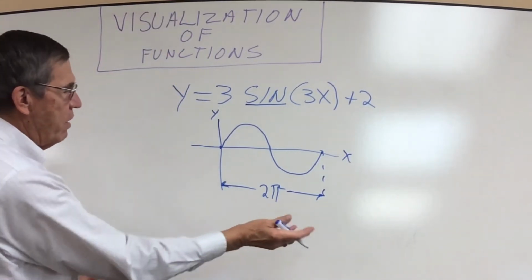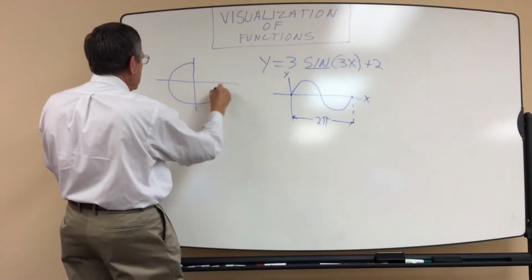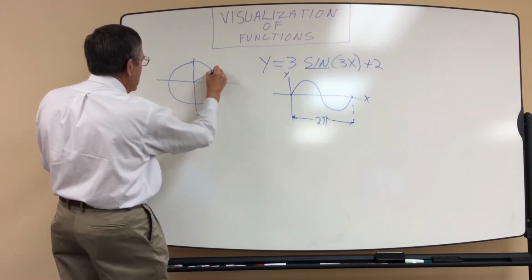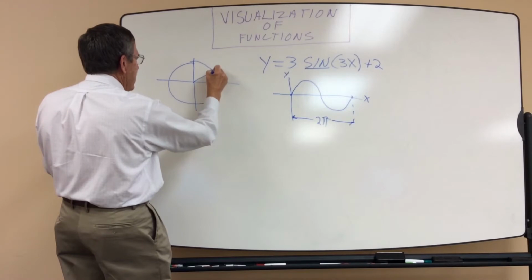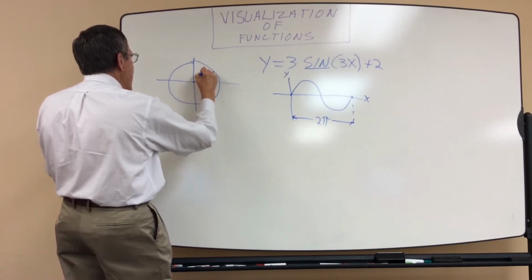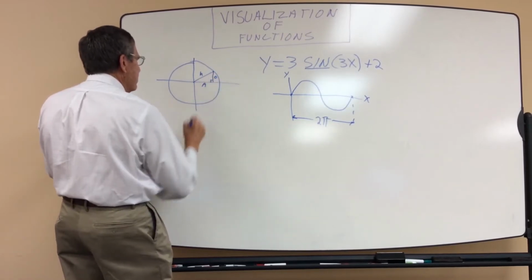So as we would go, if we had a unit circle here, and we drew a hypotenuse out this way and dropped a perpendicular down here, we'll just call this h, and we'll call this the opposite side and call this the adjacent side, okay?